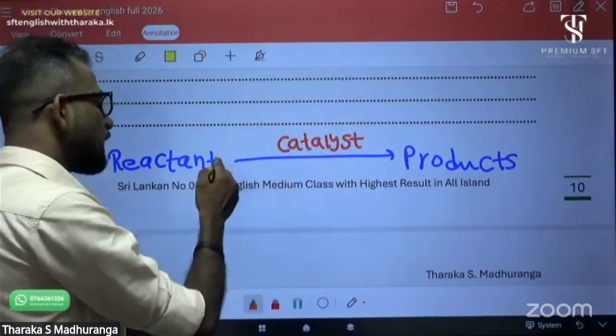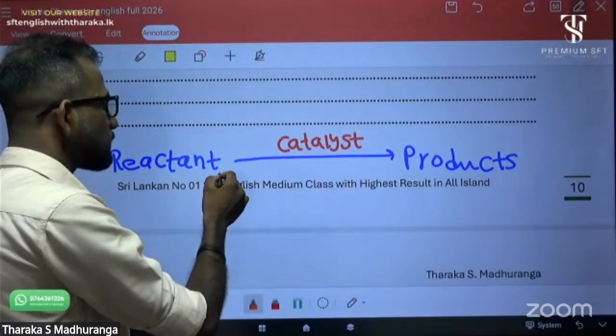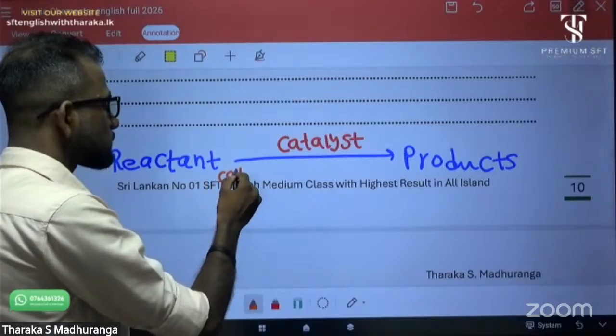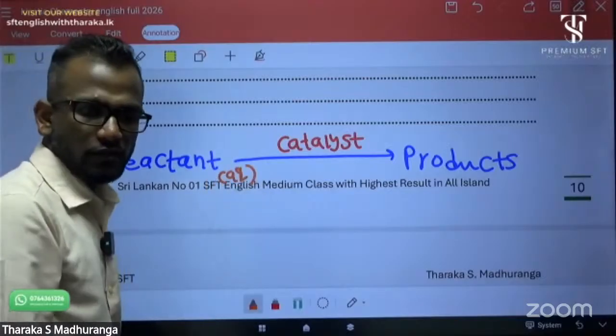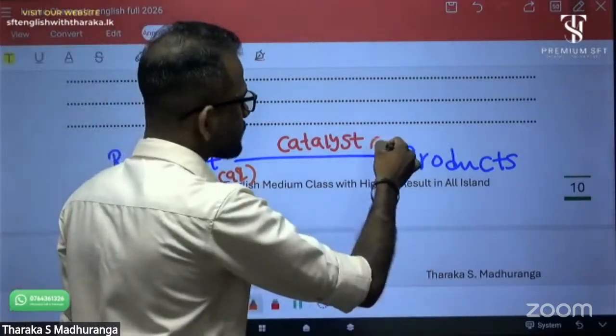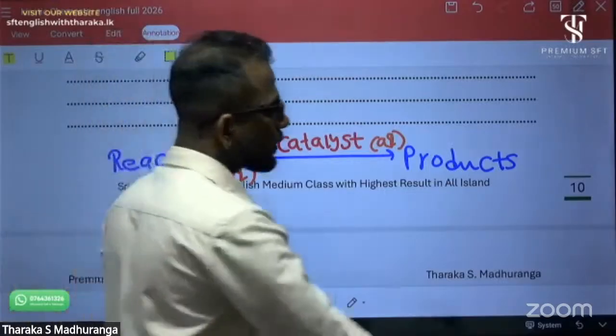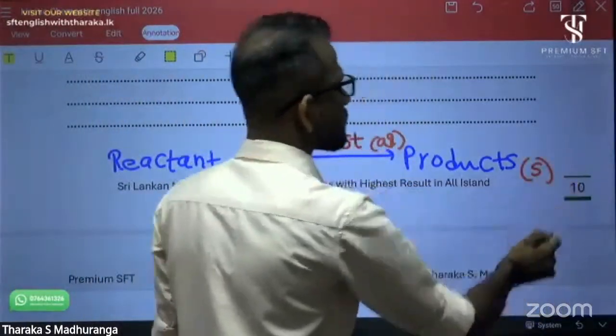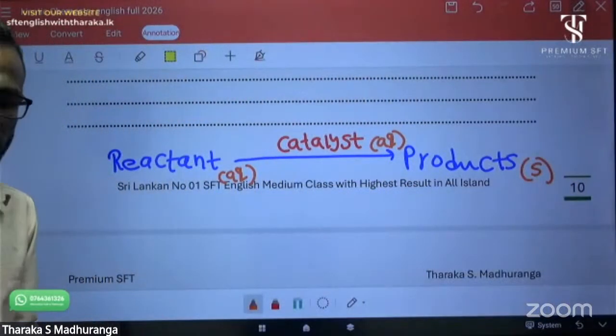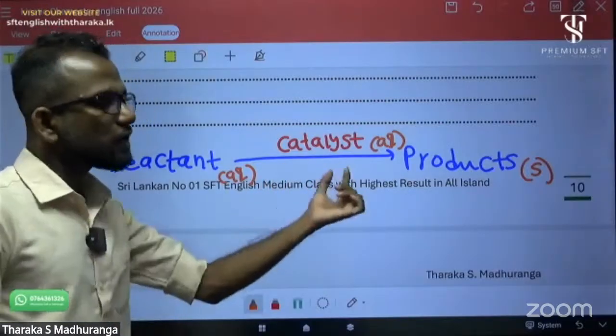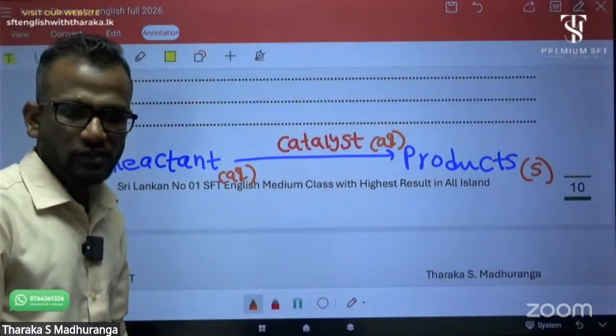Think this reactant's physical state is aqueous. The catalyst's physical state is also aqueous. The product's physical state is solid. This type of catalyst is a homogeneous catalyst.